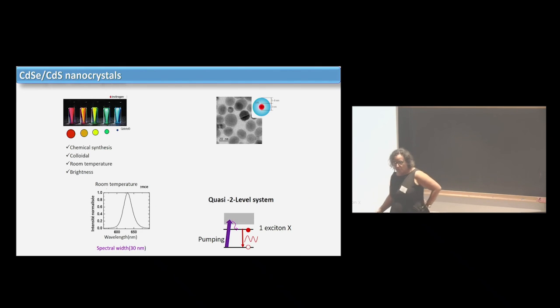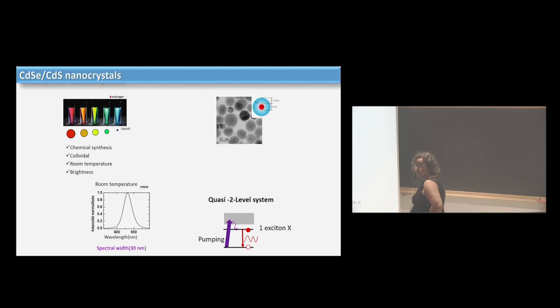So I will say a few words about these emitters. The size of these emitters changes the electronic confinement and the wavelength of emission. This is small size, this is big size. You can buy them as well, or obtain them through collaboration. In our case, we work mostly with ones which are quite big and they emit at around 600 nanometers.